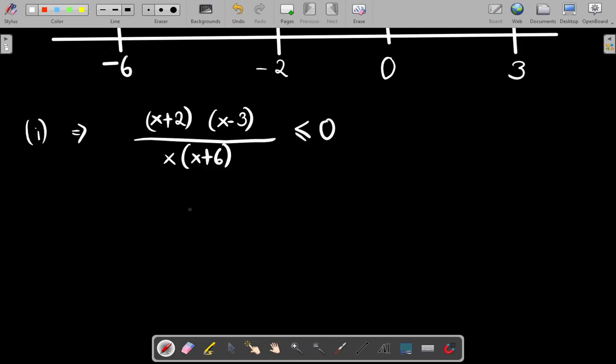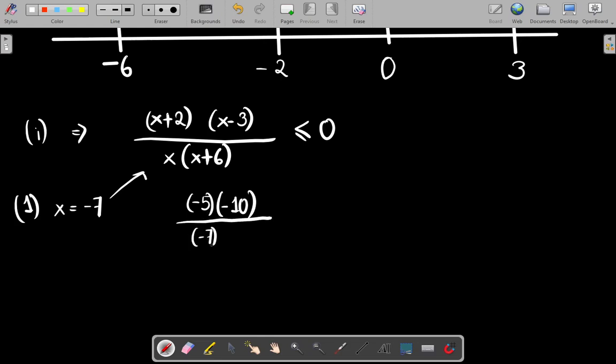For the first region, if I take x equal to minus 7 and put it in the left hand side, minus 7 plus 2 is minus 5, minus 7 minus 3 is minus 10, and minus 7 times minus 7 plus 6, which is minus 1.